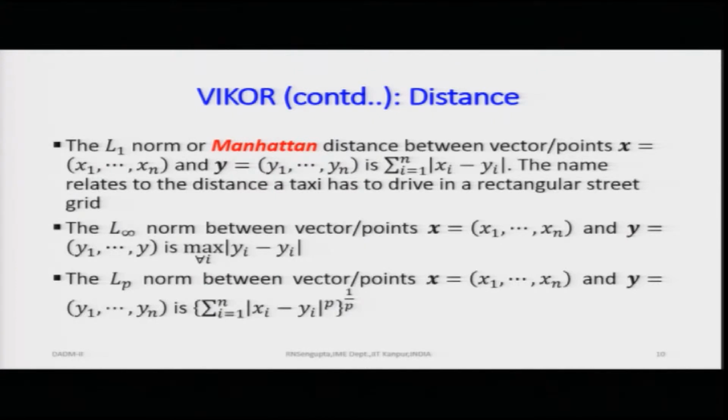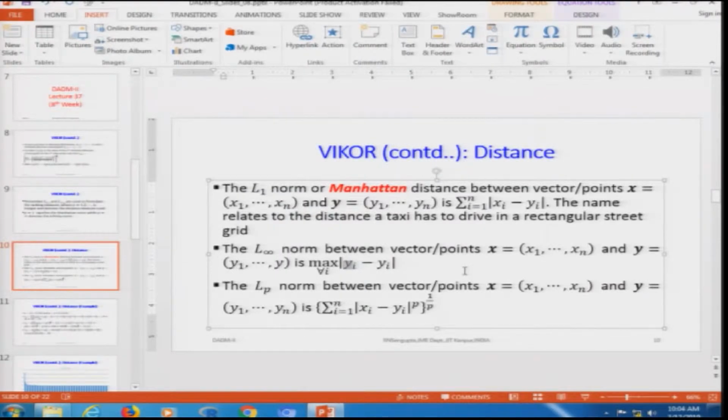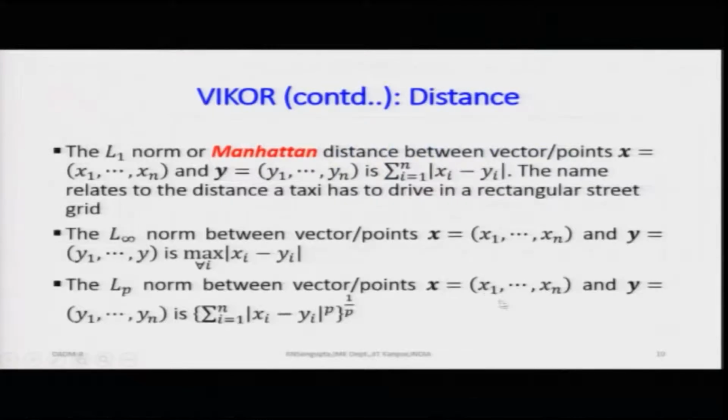While the infinity norm, again for x vector x1 to xn and y vector y1 to yn, would give me the maximum value, which is max of |xi minus yi|.